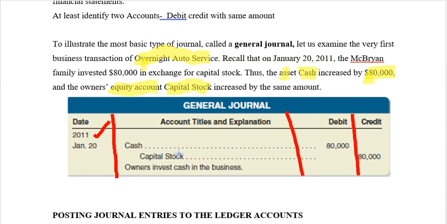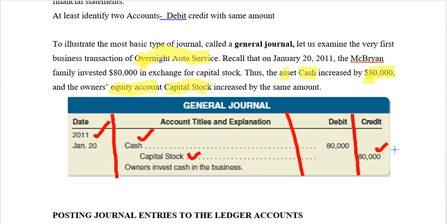You can easily do this in an Excel sheet. You write the name of cash first, as it is the debit account, and you always write the debit account first. Then $80,000 will be debit, and capital stock will be the second account, the credit account, with a credit of $80,000.